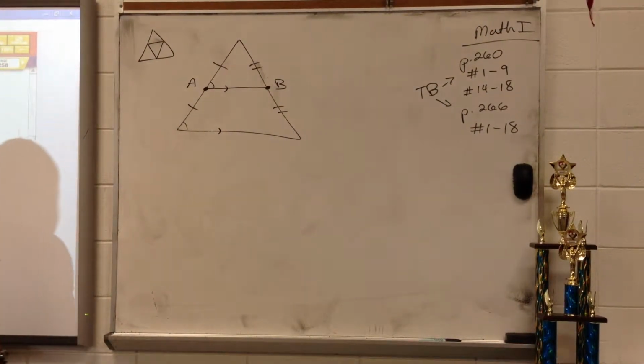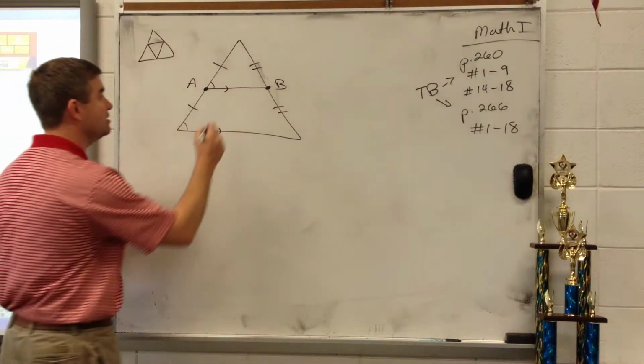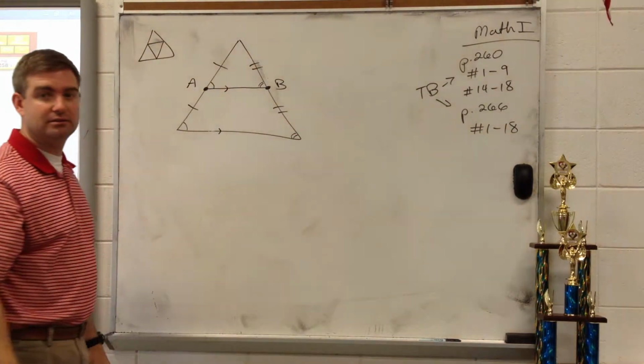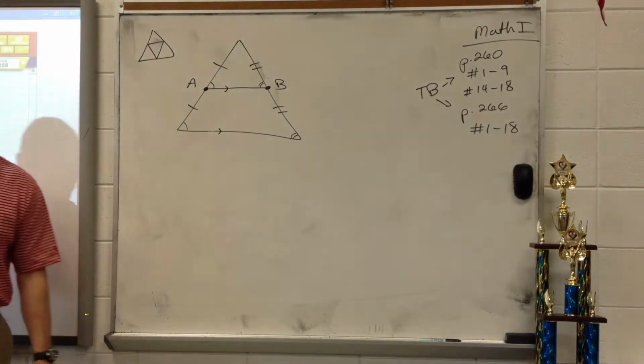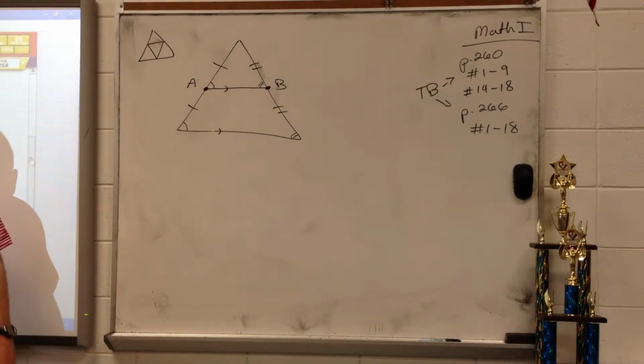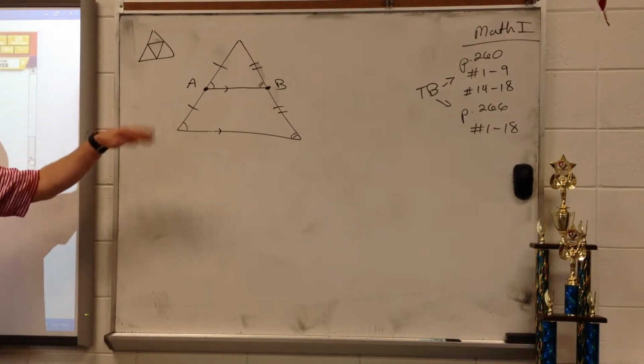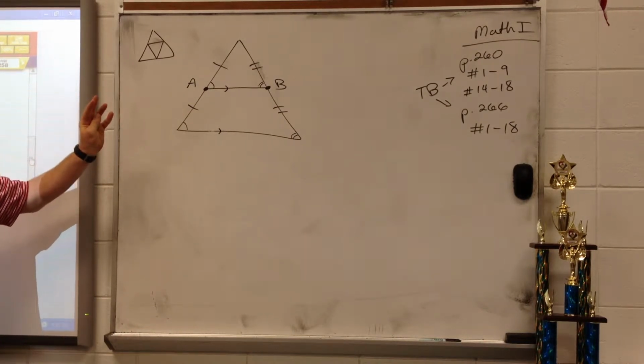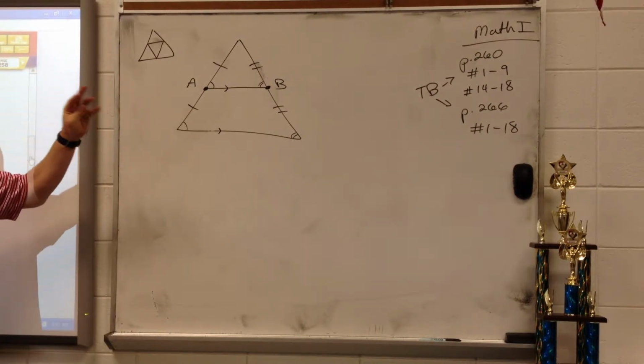Do I know any other angles? Yes, I know this angle right here. This angle is congruent to this angle. By what reason? Corresponding. So, because those 2 lines are parallel, that opens up a whole host of other properties. Parallel lines are important.